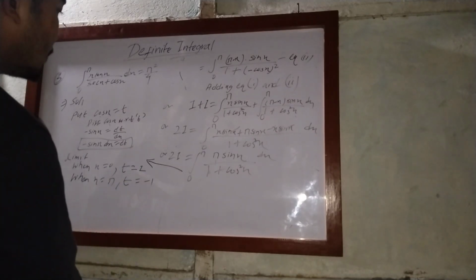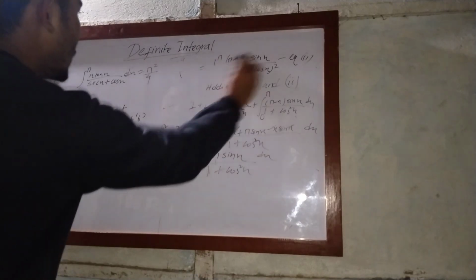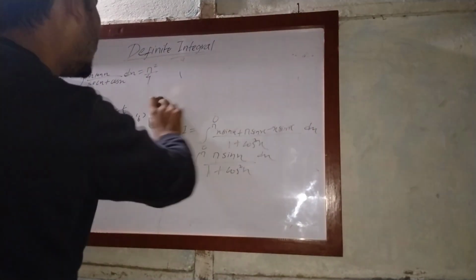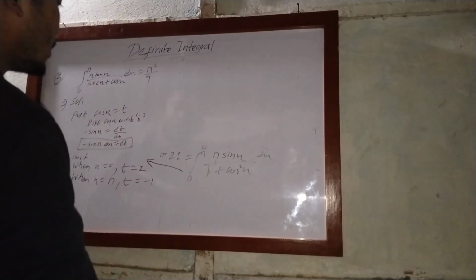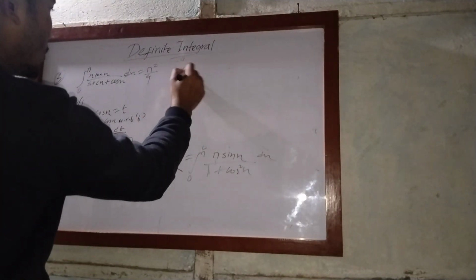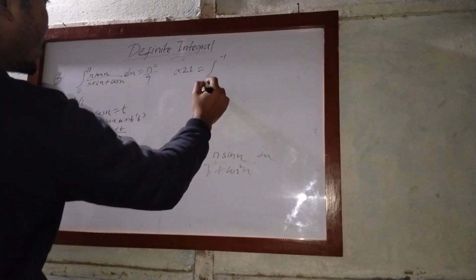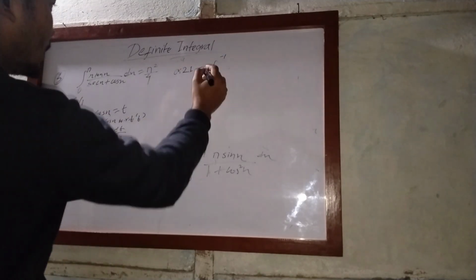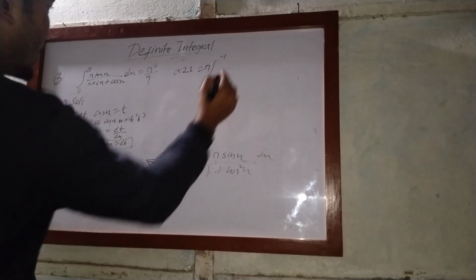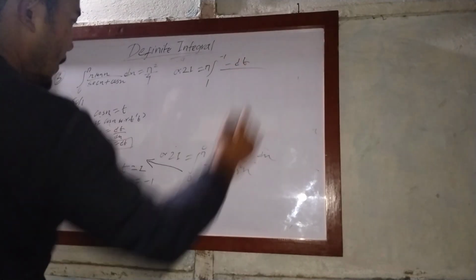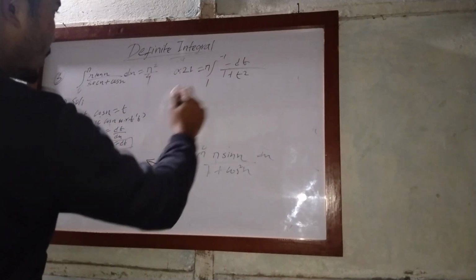Now our 2I is equal to, with the limit changed, upper limit minus 1, lower limit 1. This pi is outside. In place of sin x dx, we can write minus dt. In place of cos square x, we can write t square, that is 1 plus t square.